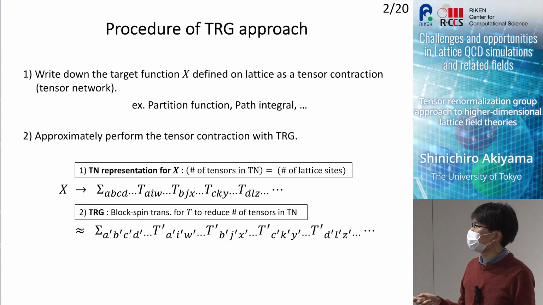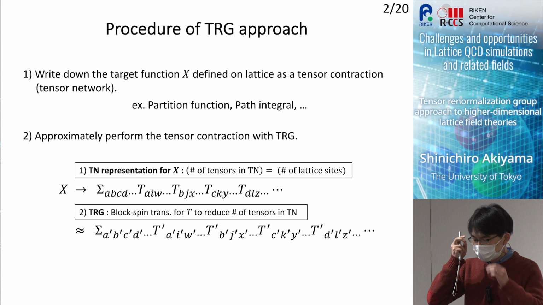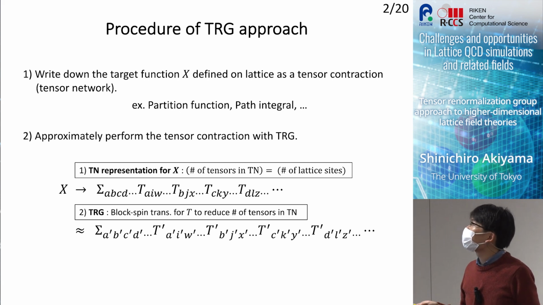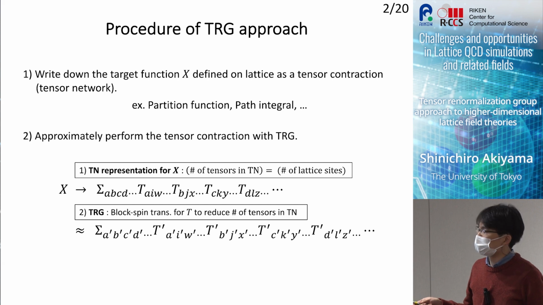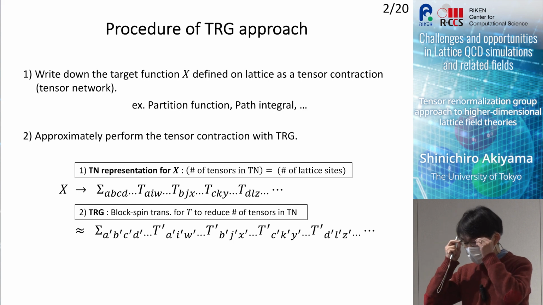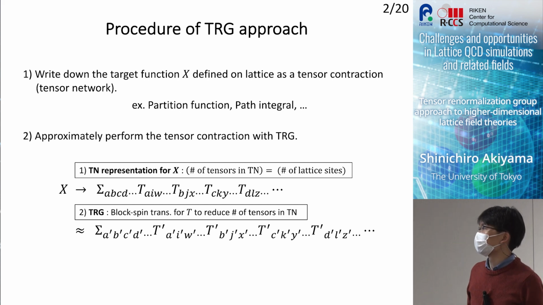The second task is to carry out the tensor contraction in the tensor network. But carrying out this type of tensor contraction exactly is a very difficult task, and usually impossible. So we need an approximation technique to evaluate the tensor contraction, and that is provided by the TRG approach.